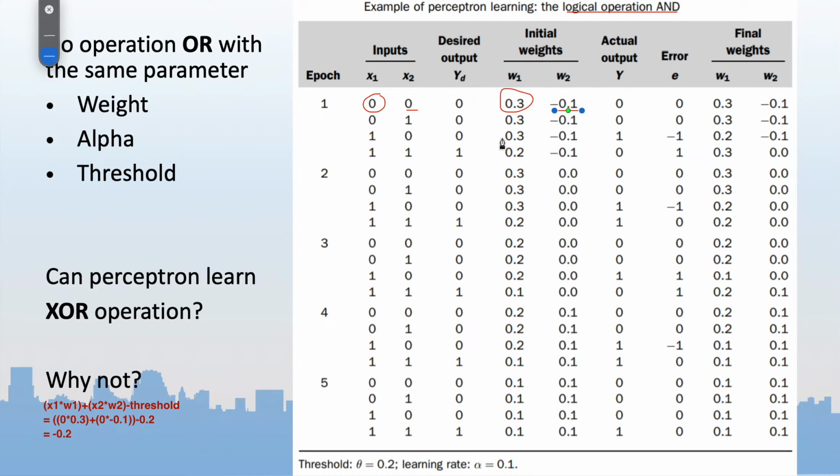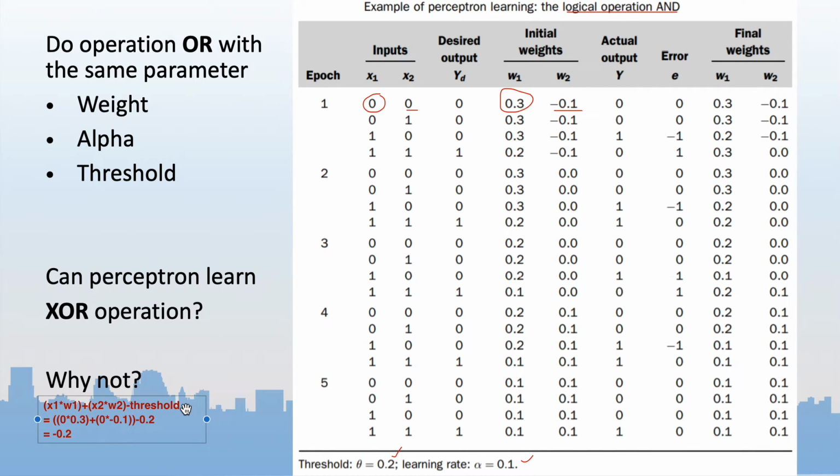The summation of these two values will be minus the threshold, and the threshold value is given here, which is negative 0.2, and the learning rate alpha is 0.1.